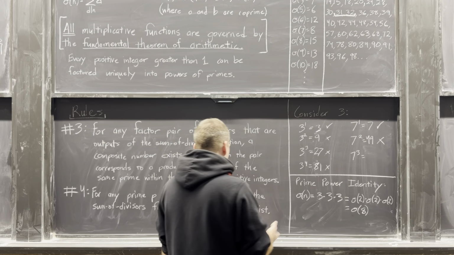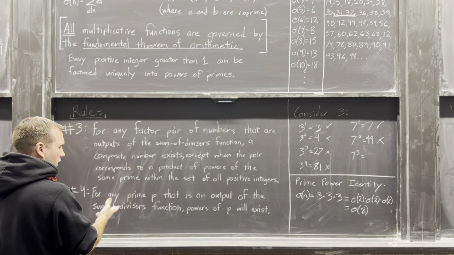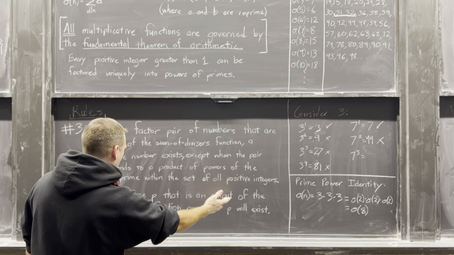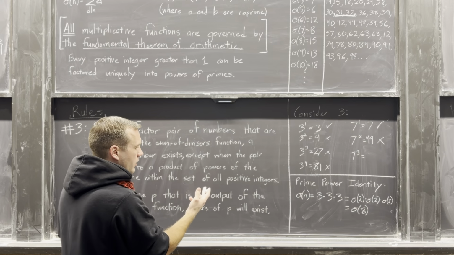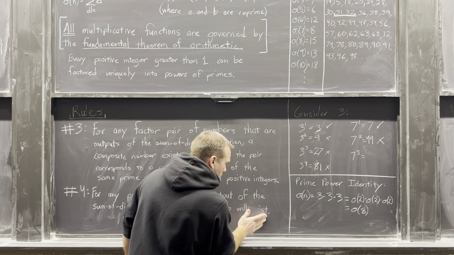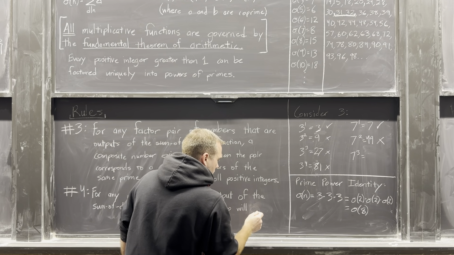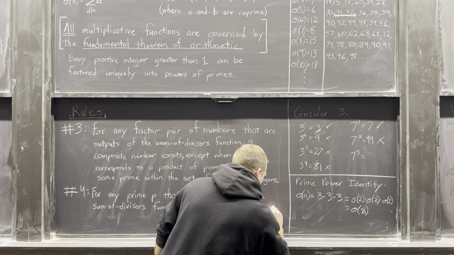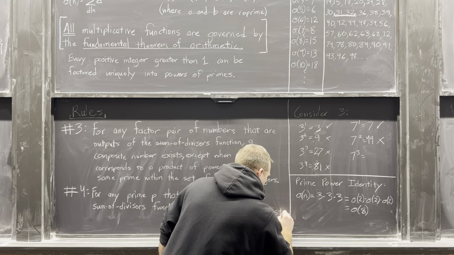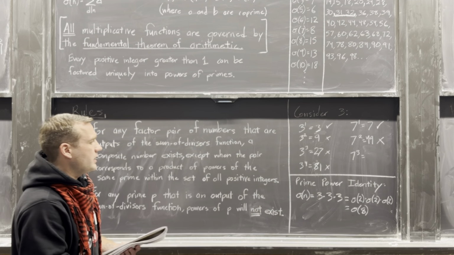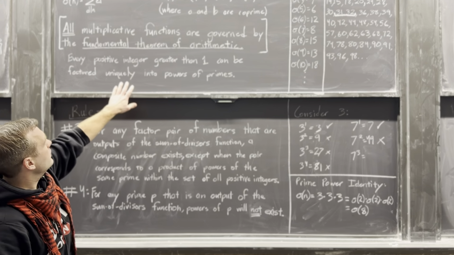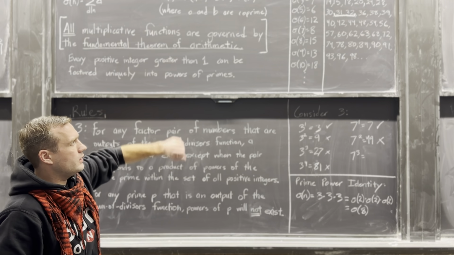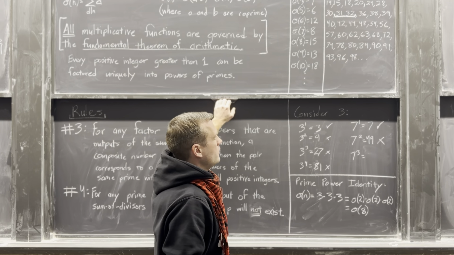So we see that for any prime p that is an output of the sum-of-divisors function, powers of p will actually not exist. So yes, I miswrote it originally because I wanted to follow the fundamental theorem of arithmetic, right? And what it implied.